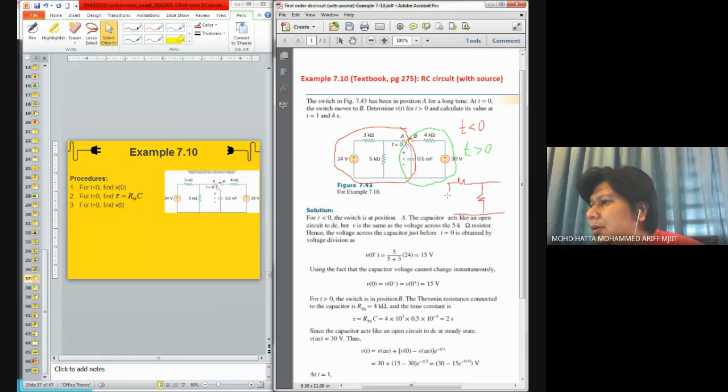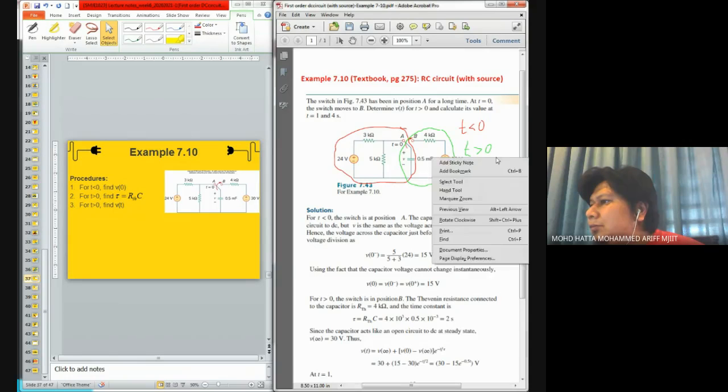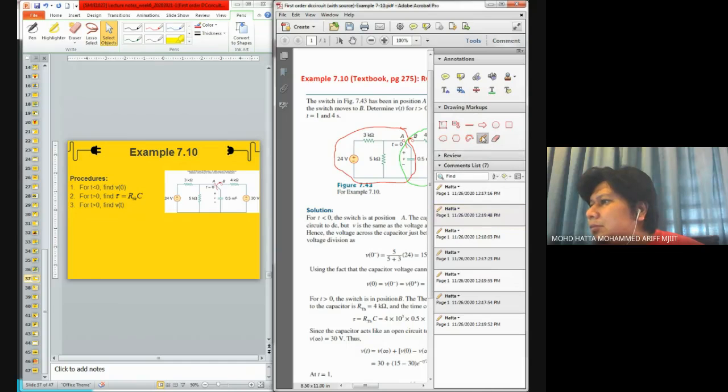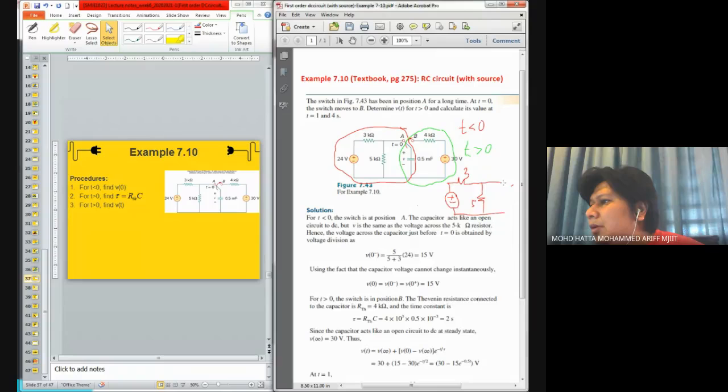We have voltage here of 24. This is 3, this is 5. And this is the open circuit part.